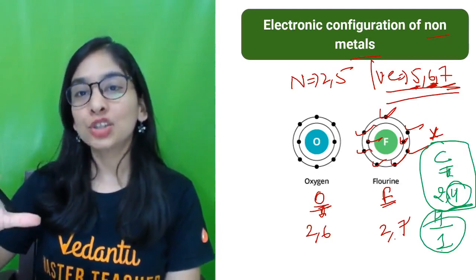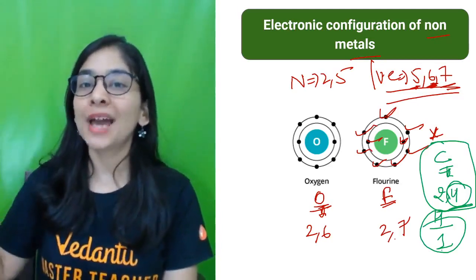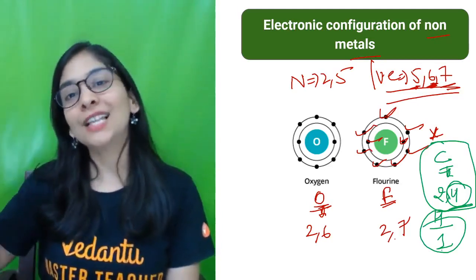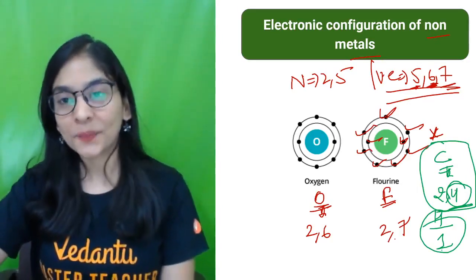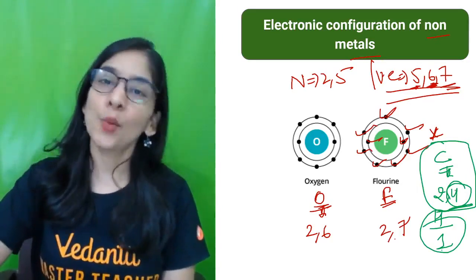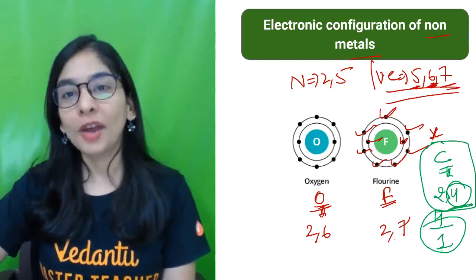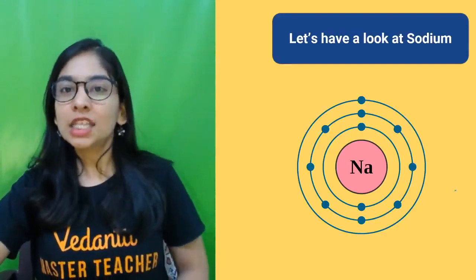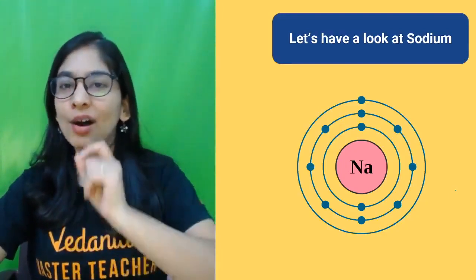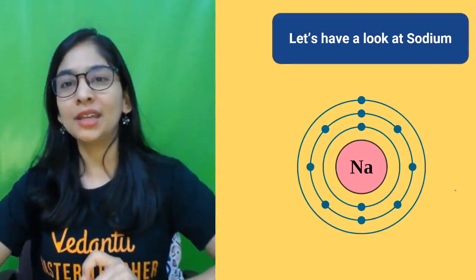We'll talk about these two in the 4th chapter, carbon and its compounds, because they show a different kind of bonding. So first of all, metals have 1 to 3 valence electrons, non-metals 5, 6, 7. This is clear. Now let's talk about their bonding, how they are going to attach with each other.